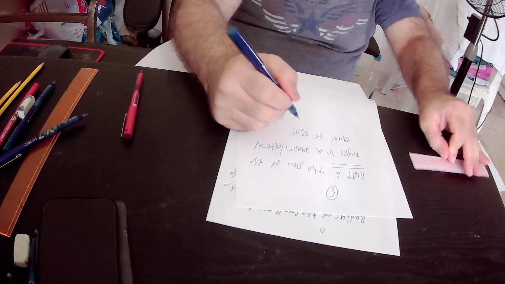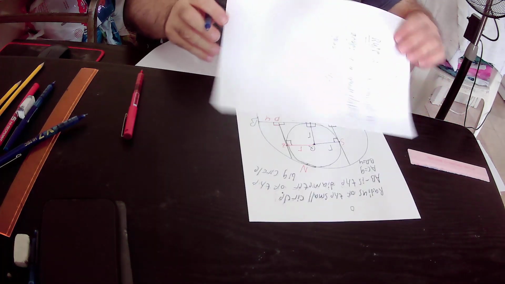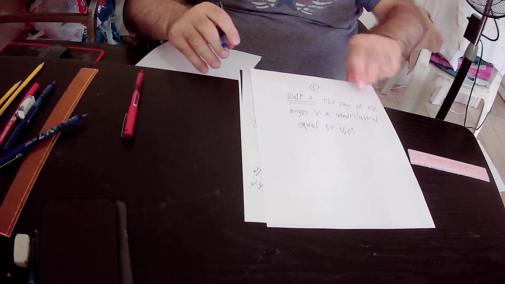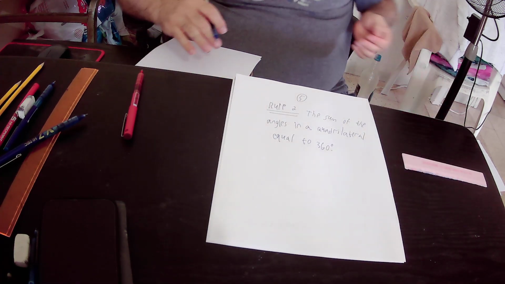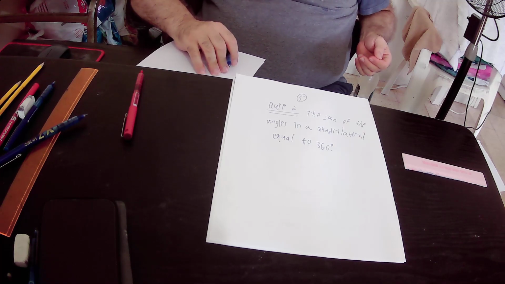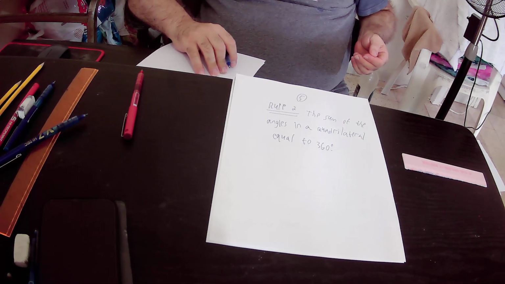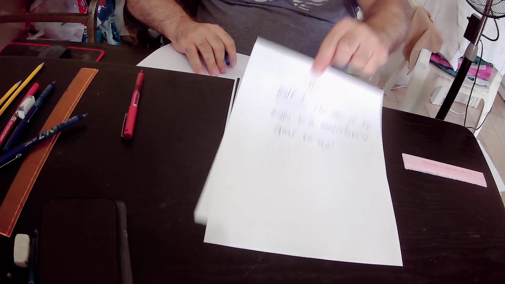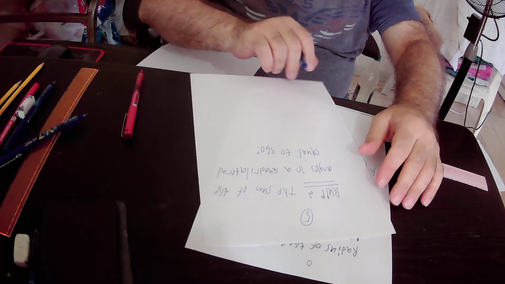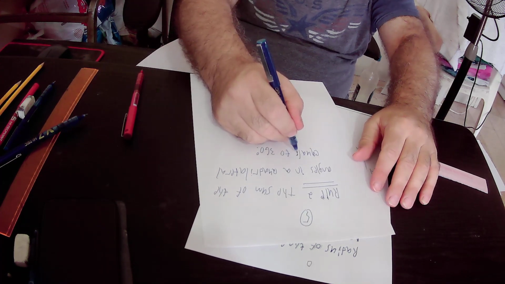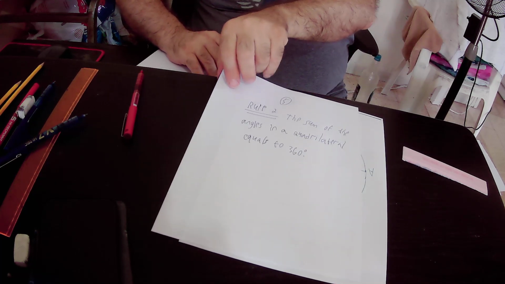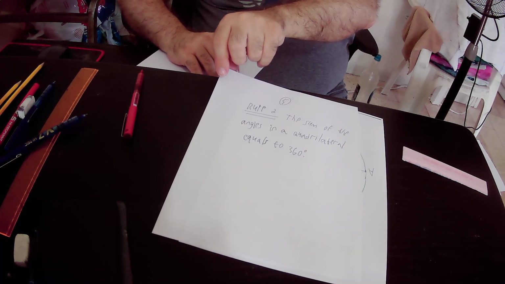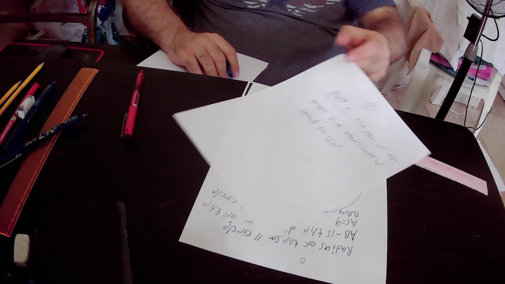So I will read rule number 2 again: the sum of the angles in a quadrilateral equals 360 degrees.